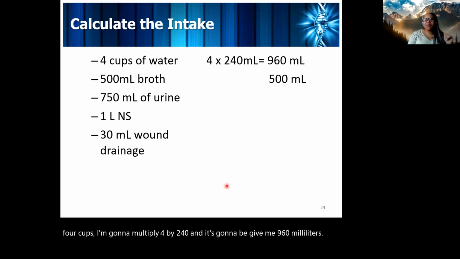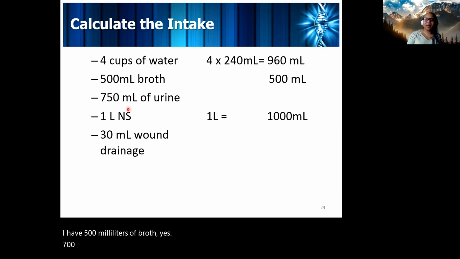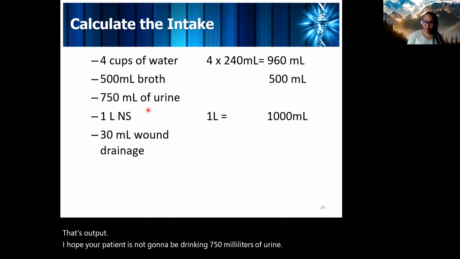I have 500 milliliters of broth. Yes. 750 milliliters of urine. That's output. I hope your patient is not going to be drinking 750 milliliters of urine. If they do, you're going to have a problem.